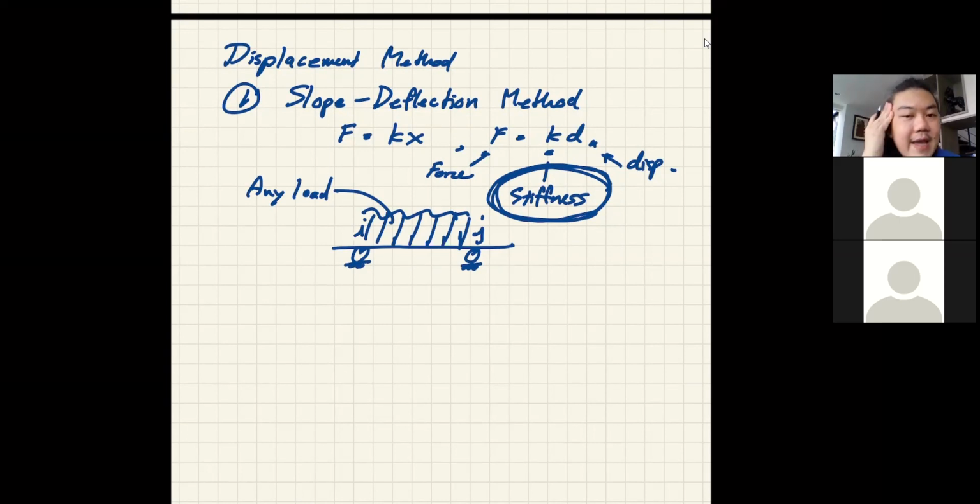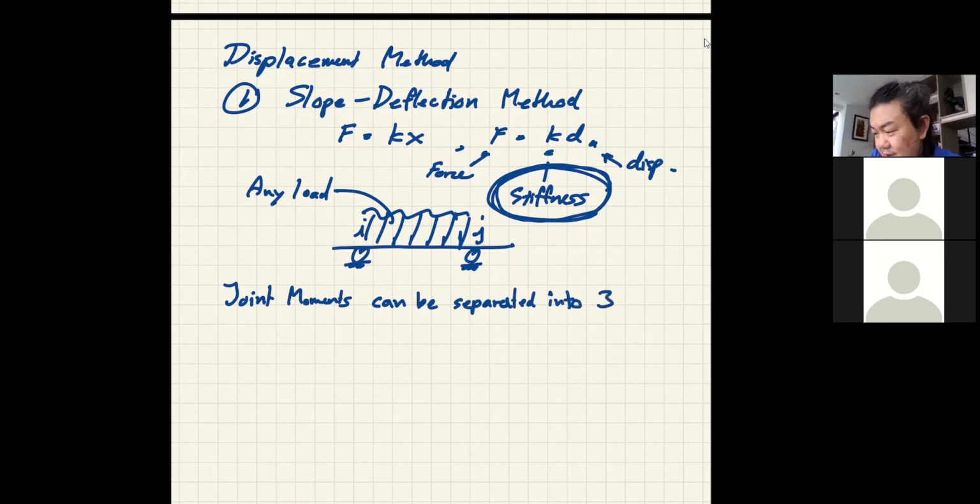When you look at this, based on the idea of F equals Kd, it's stiffness, we can separate the joint moments into three categories, a long word, so let's just say three groups.